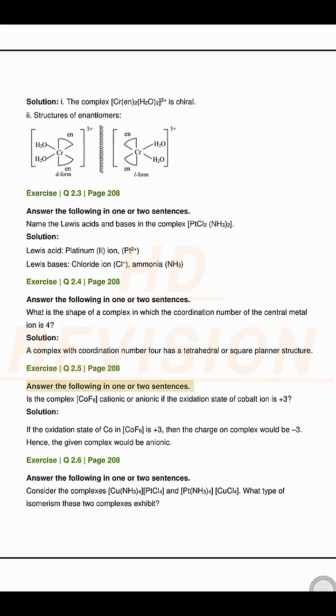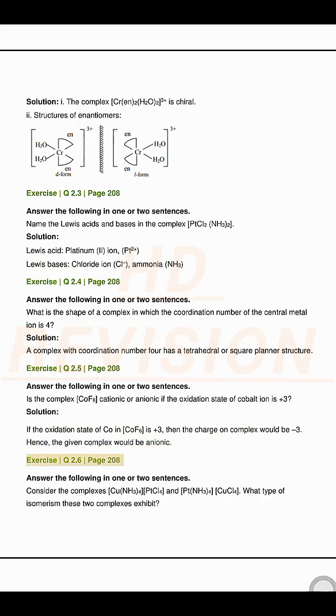Is the complex [CoF6] cationic or anionic if the oxidation state of cobalt ion is +3? Solution. If the oxidation state of cobalt ion in [CoF6] is +3, then the charge on the complex would be -3. Hence, the given complex would be anionic.